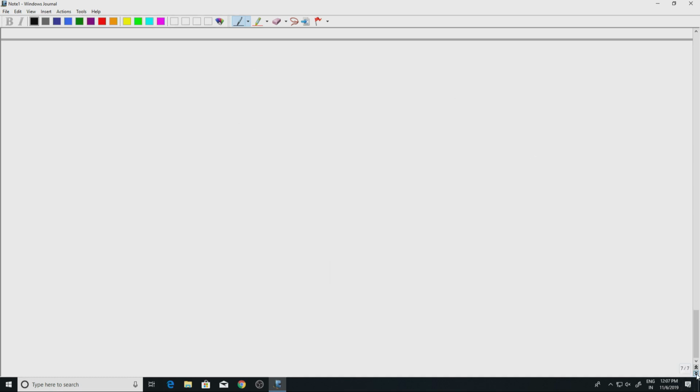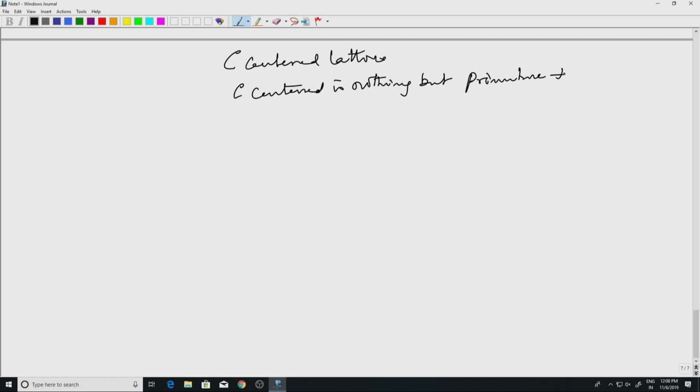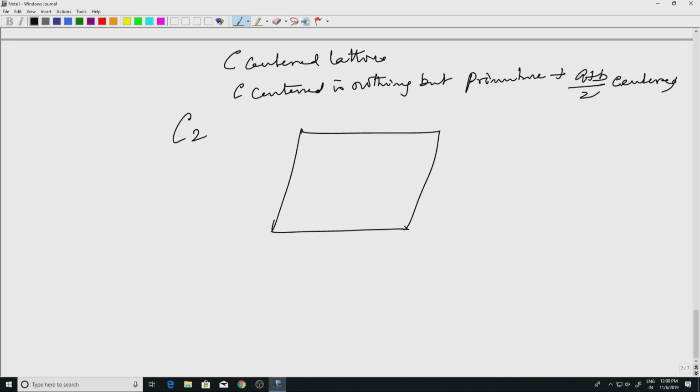Now we will go to C-centered lattice. C-centered lattice is nothing but primitive plus A plus B by 2 centered. Okay, so when we go for C2, again this is the two-fold axis.